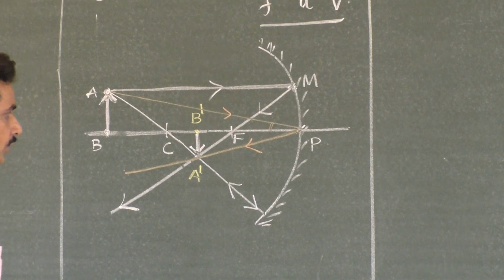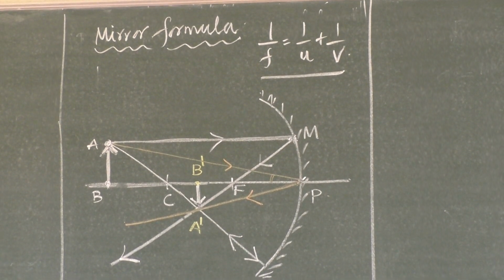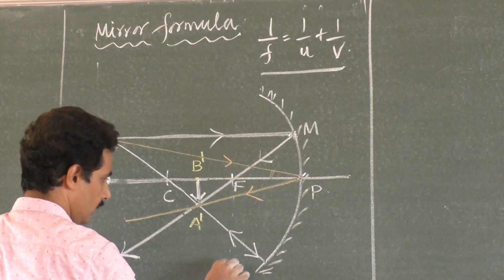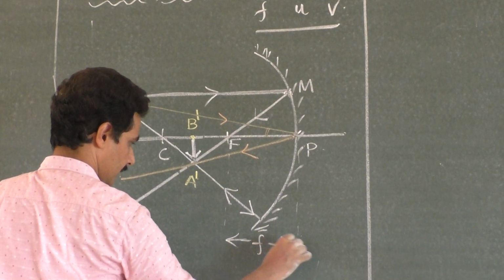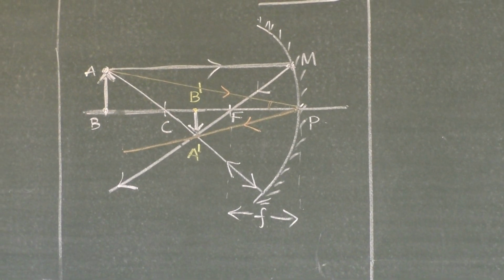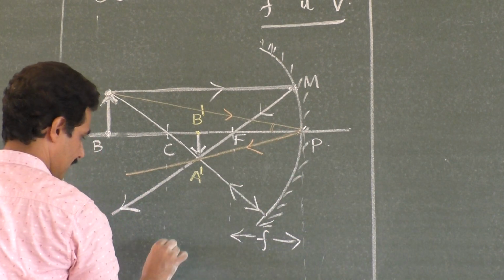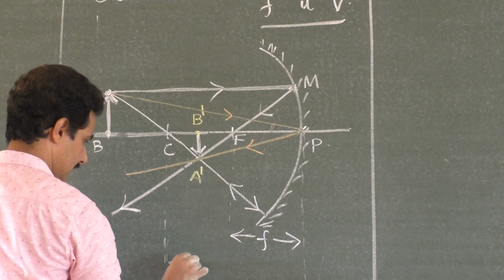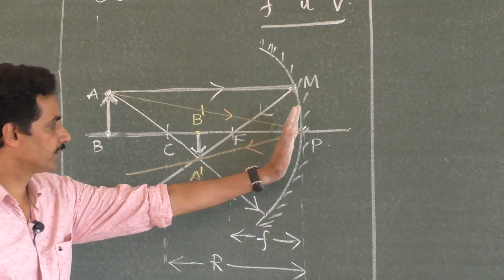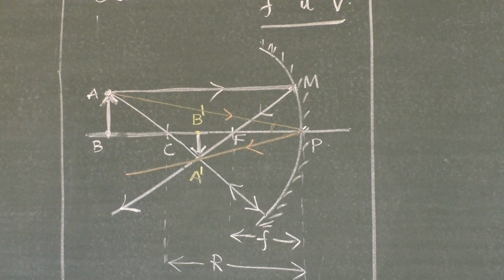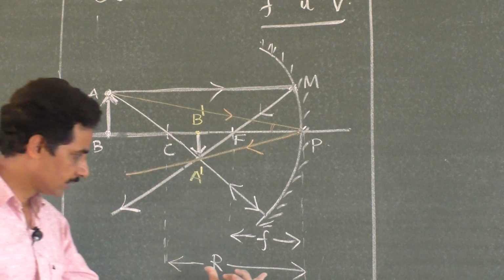Let us try to recognize where is focal length, where is object distance, and where is image distance. From pole here to the focus, focal length, right? You keep on writing this. From center to the pole, this is a radius. All the distances are measured from the pole along the principal axis. So from pole to the focus, focal length. From pole to the center, radius.